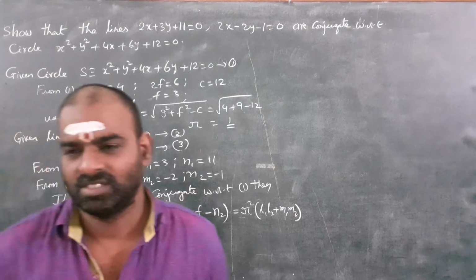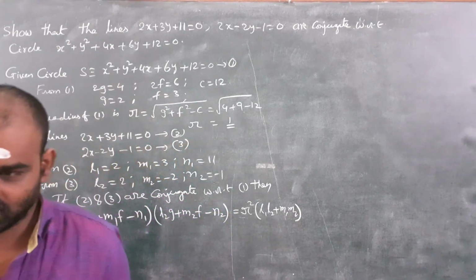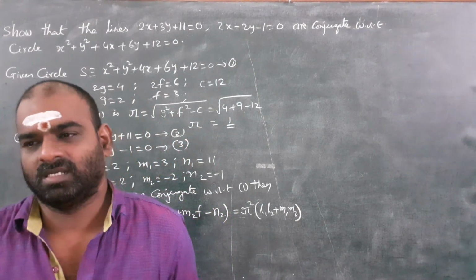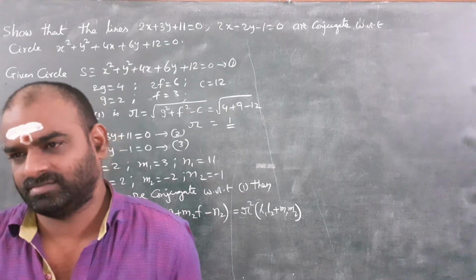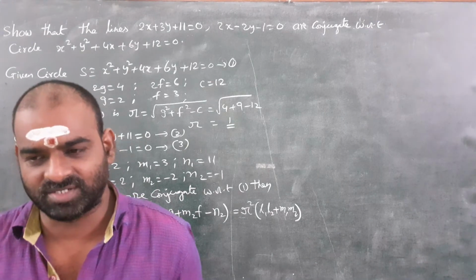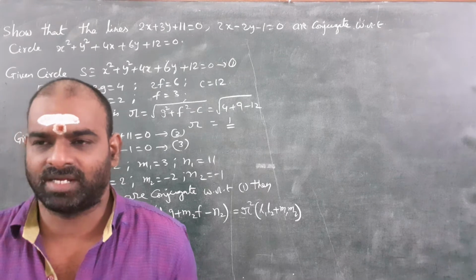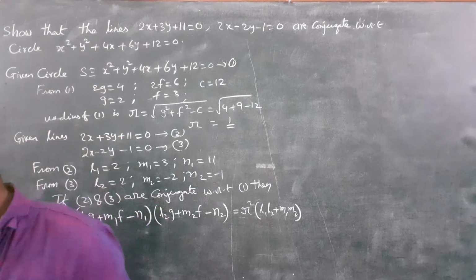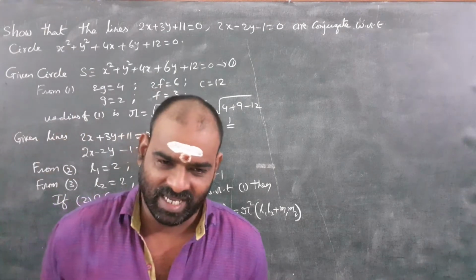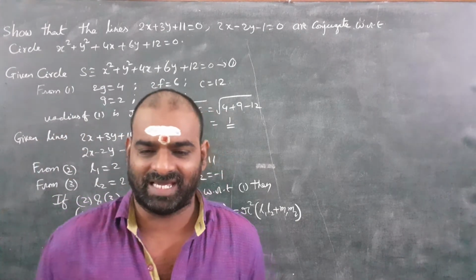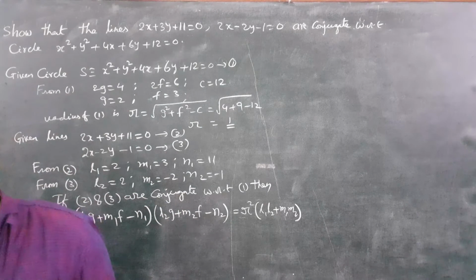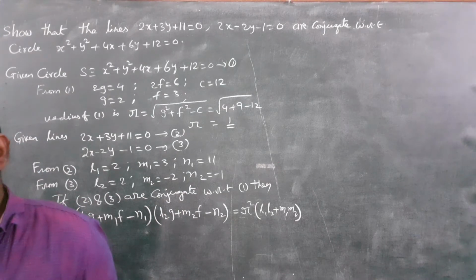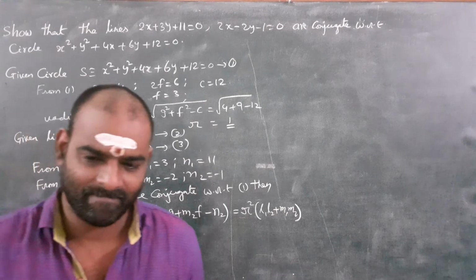Take one of the two given lines and find the pole of that line with respect to the given circle. If the pole of that line lies on the second line, then the two lines are said to be conjugate lines.